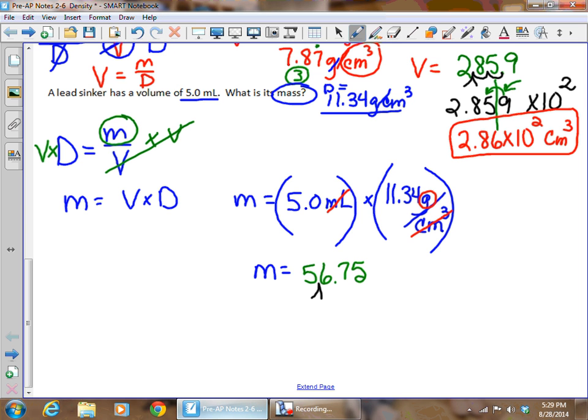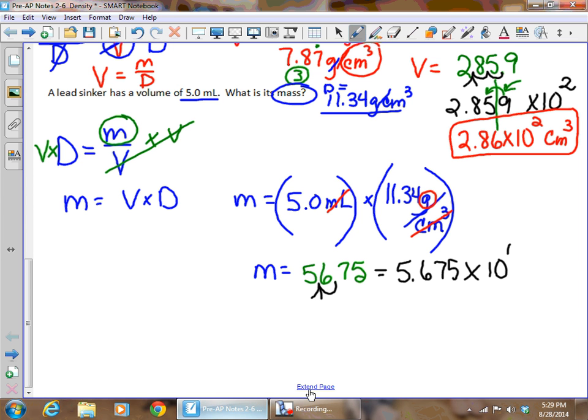It's a number greater than 1 to begin with, so I know it needs to be times 10 to some positive number. I know that it needs to be 5.675 when I move that decimal to the correct position, and it looks like I needed to move it one place. So 5.675 times 10 to the first.